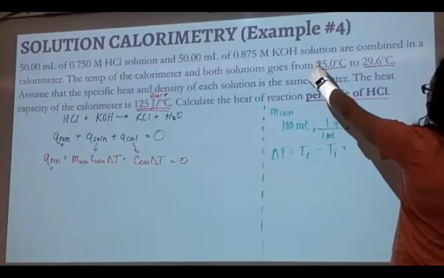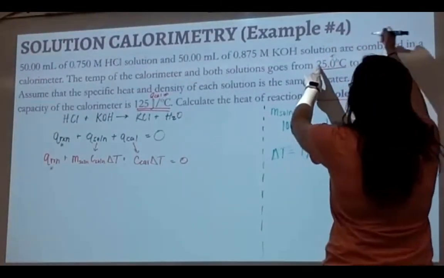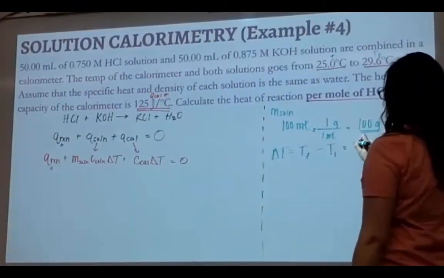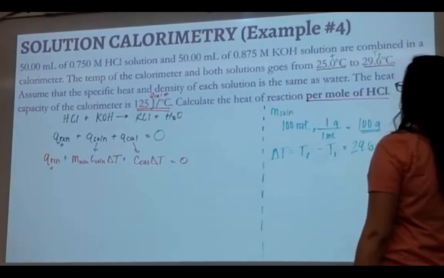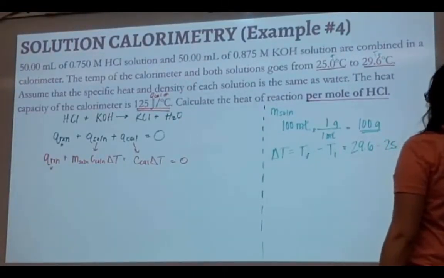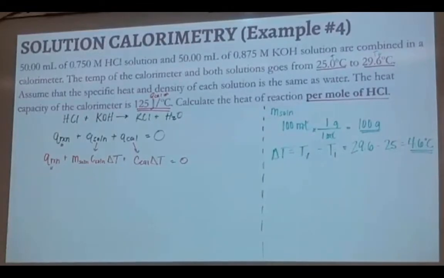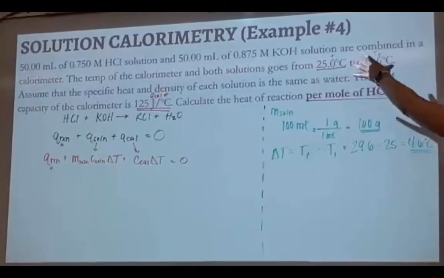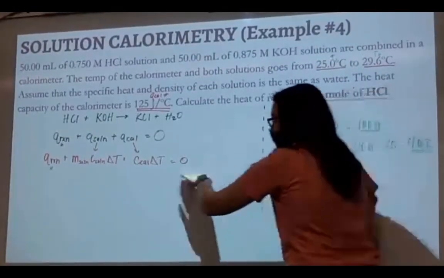So it goes from 25, that's my initial, to 29.6, that's my final. So 29.6 minus 25, my delta T is 4.6 degrees Celsius. Notice the temperature of the calorimeter and everything inside changes, so this is the delta T for everything.